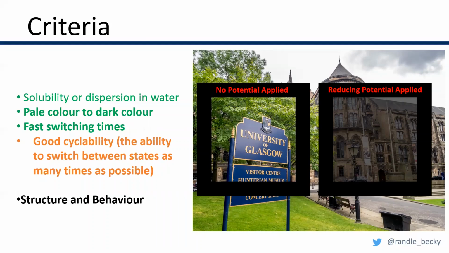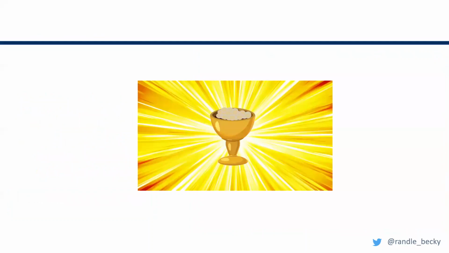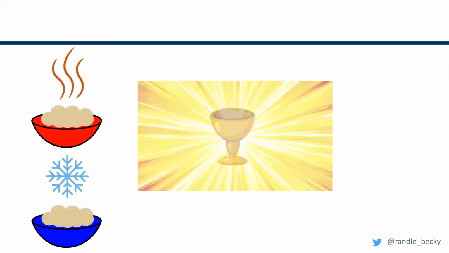And all the things in bold, so the color, the intensity of the color, the time it takes to switch, and also the cyclability, they're all affected by structure. And so we have started to understand that relationship a little bit more. Obviously, there's always more you can do. So maybe we didn't find that holy grail that we wanted, but we found some things that we didn't like.